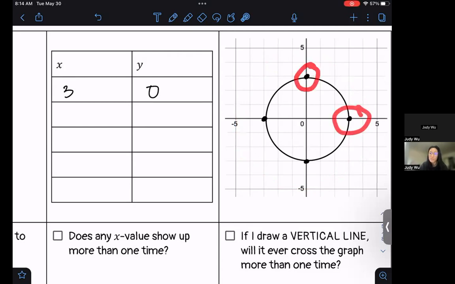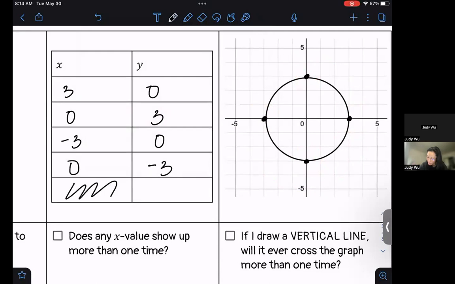This one would be (0, 3). This one is (-3, 0). And this one is (0, -3). All right, and we only have 4 quote unquote nice points here. So I'm just going to scratch out this last one. We don't need that. We've only got 4 points on this.